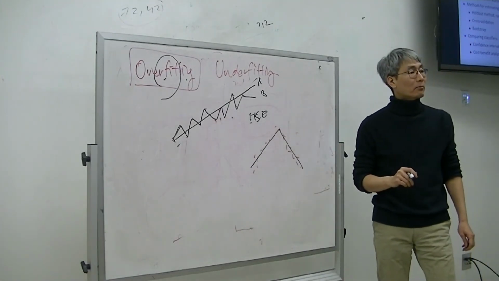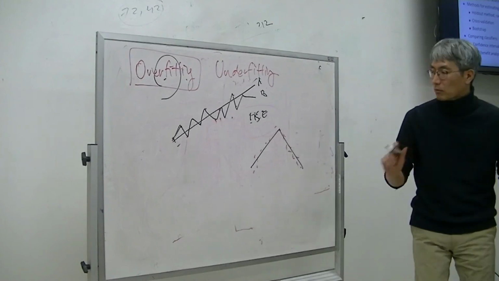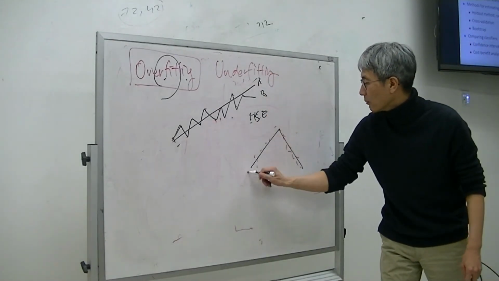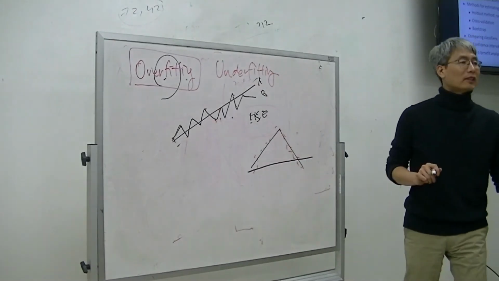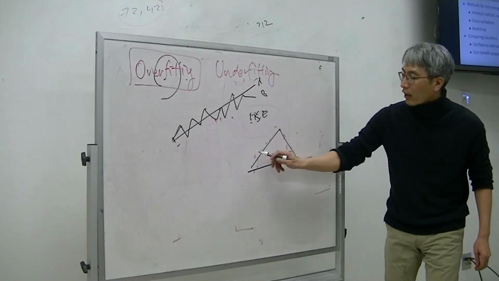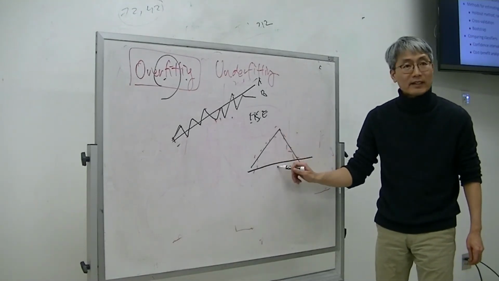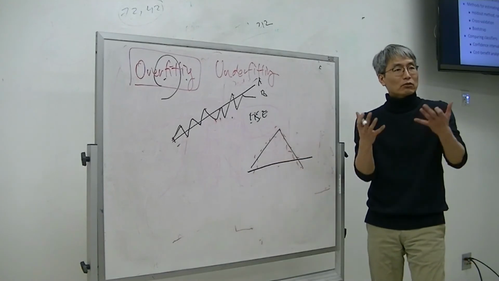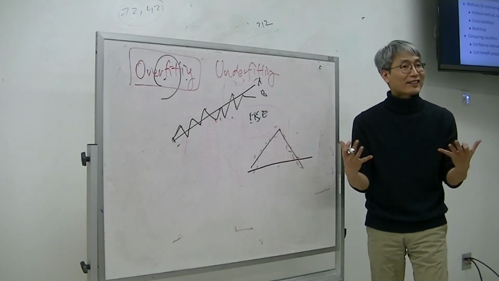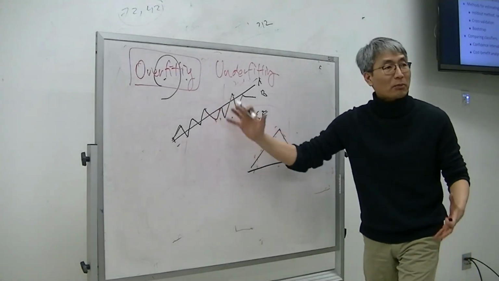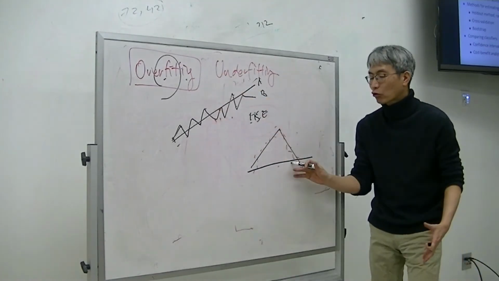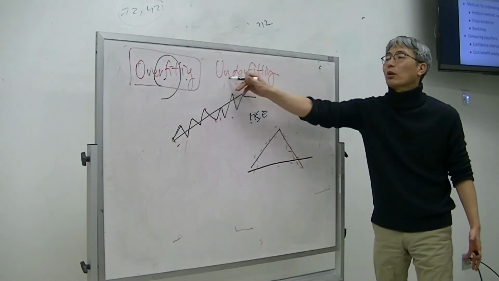But with underfitting, it will be like this one. Their error is sometimes less than this, but this is too much generalized. Overfitting is too much specialized. Underfitting is too much generalized.